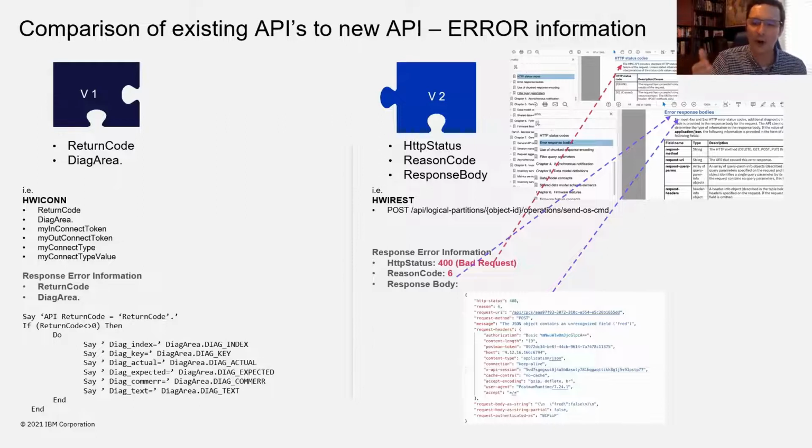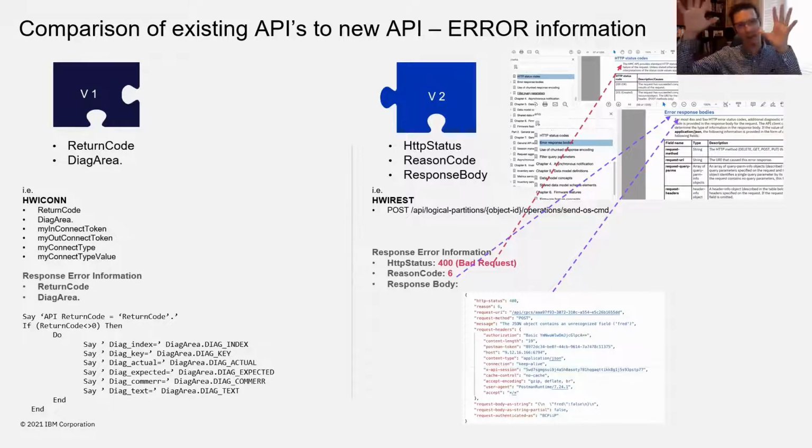And then there's also a reason code, and there's also additional diagnostic value in a response body. So these error response bodies will contain information. So in this example right here, we have some additional information that we provide directly in the response.